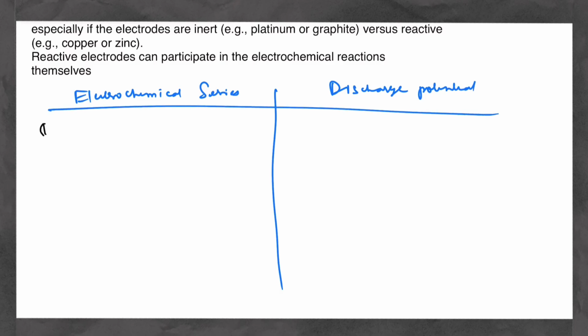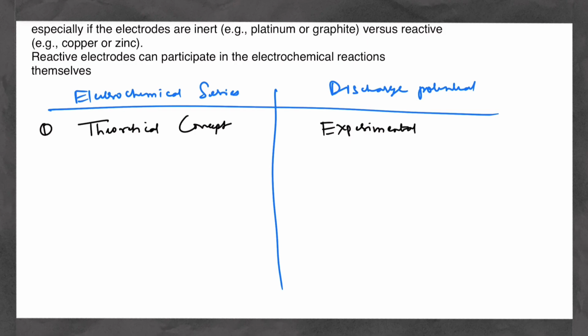So what is the difference? The electrochemical series is basically a theoretical concept. But in discharge potential, we actually find the exact potential, which is based on experimental data, an experimental value.